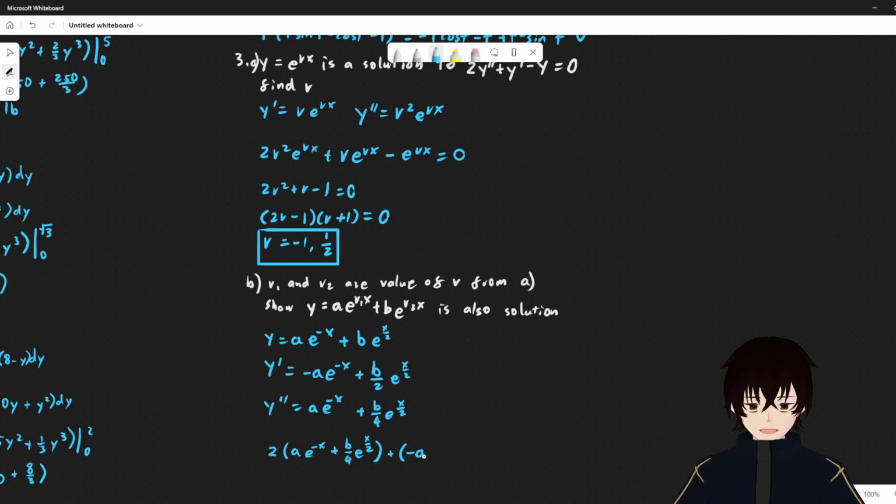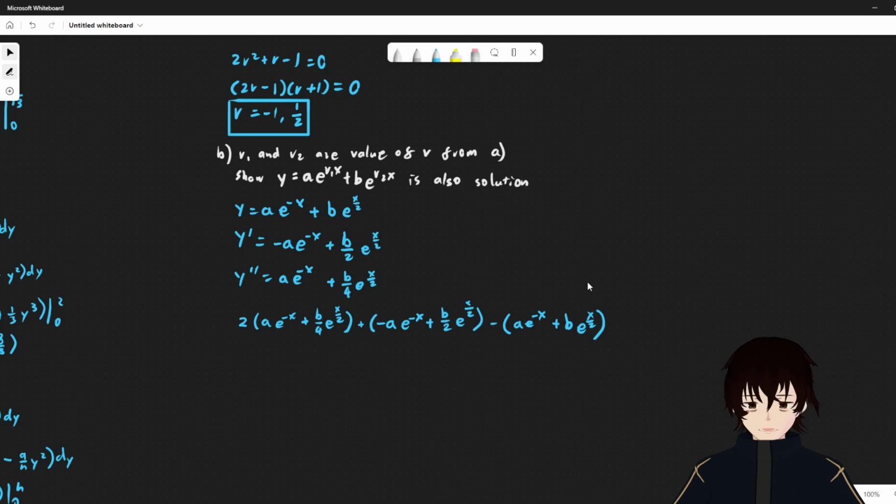Plus -a times e to the power of -x plus b over 2 e to the power of x, minus a times e to the power of -x plus b e to the power of x over 2. All right, we got 2a.